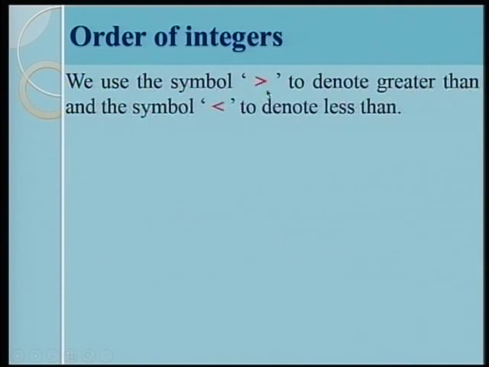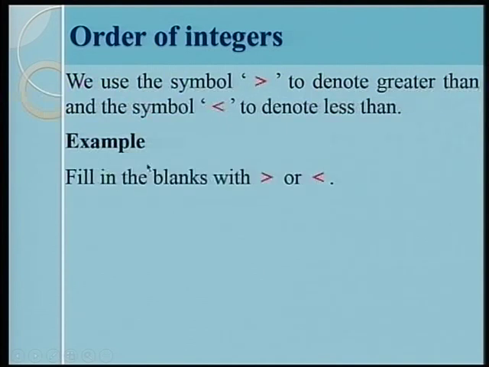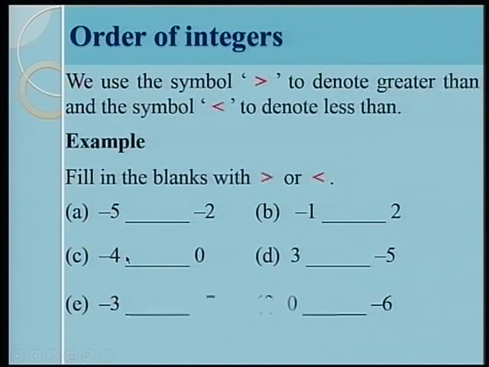We use the symbol greater than to denote greater than and the symbol less than to denote less than. We have a look at an example where we need to fill in the blanks with the symbols. We have a look at the solution.